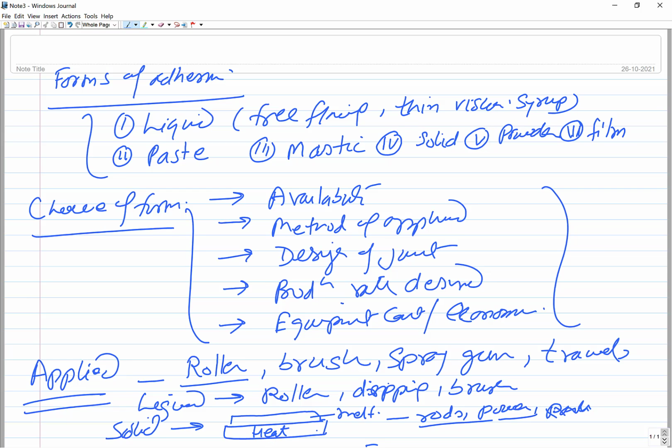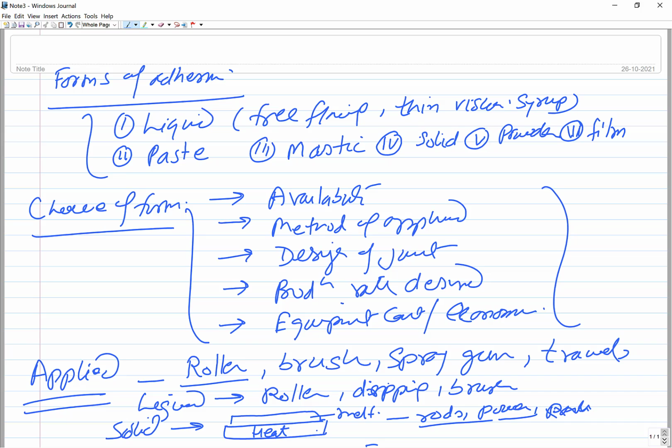So the substrate or components are heated to a high enough temperature so that these melt, and then they get spread over the surface when they are brought in contact with the other component to be joined under pressure. On solidification you get the desired joint.